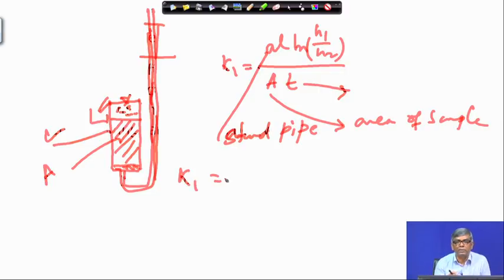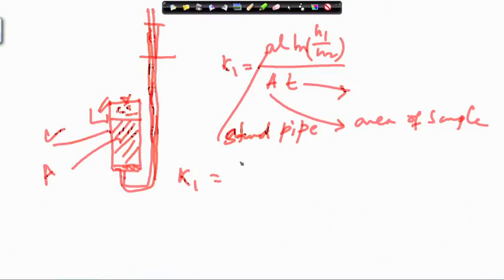K1 means that after 27 minutes there is the head change from one head to another head, that is 107 to 105.